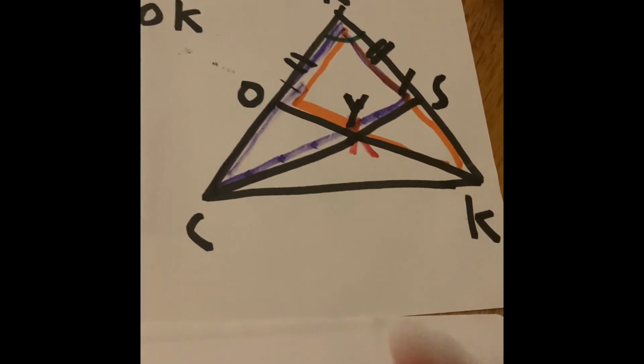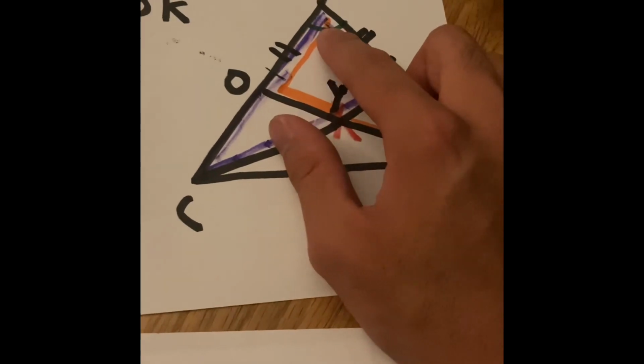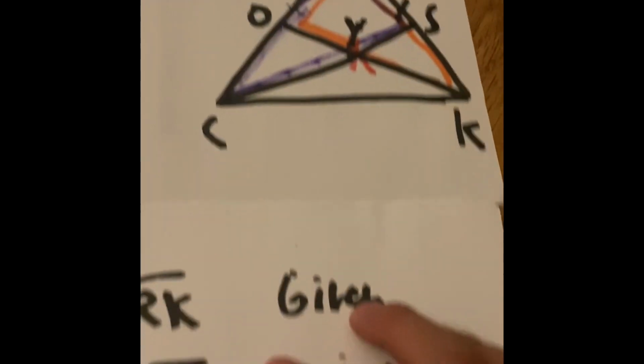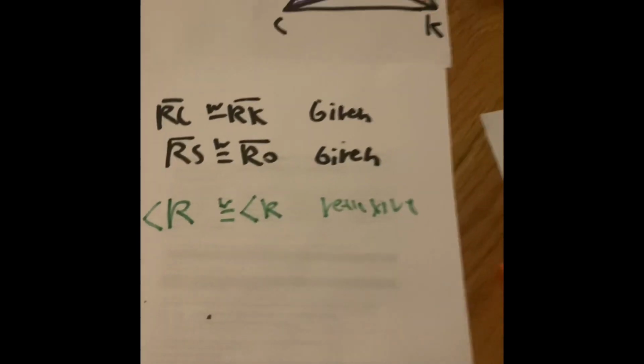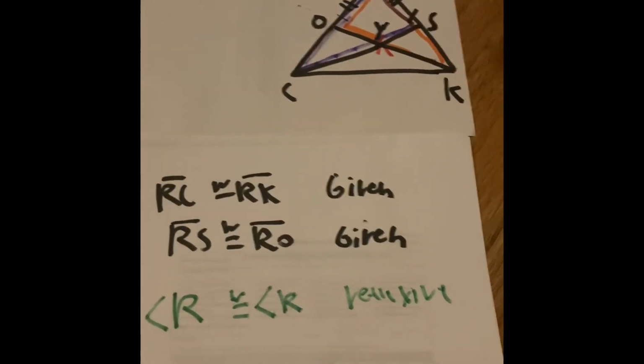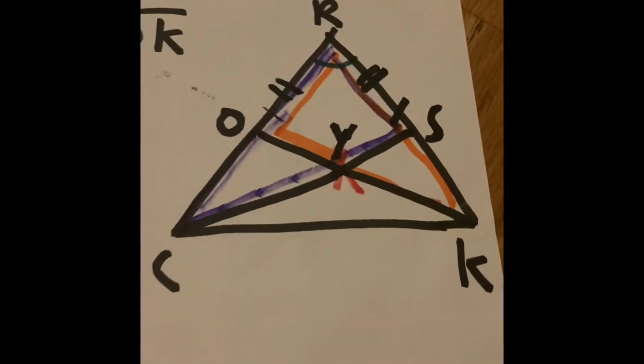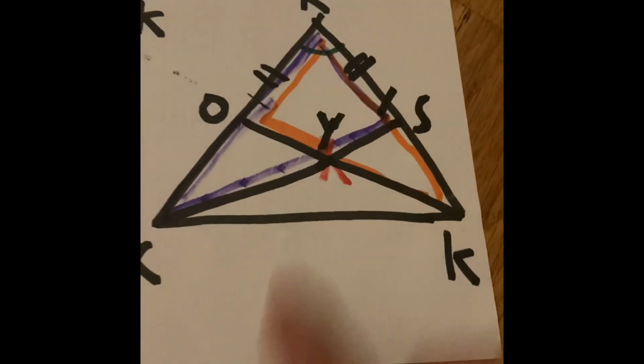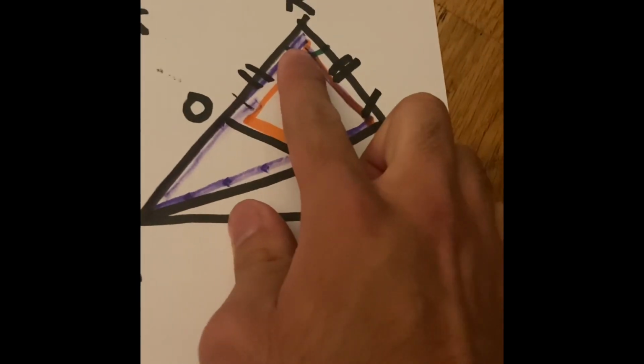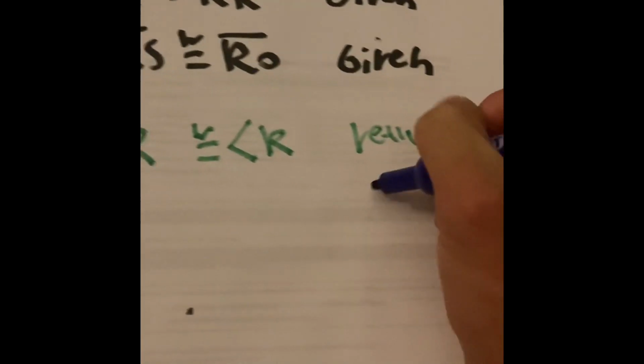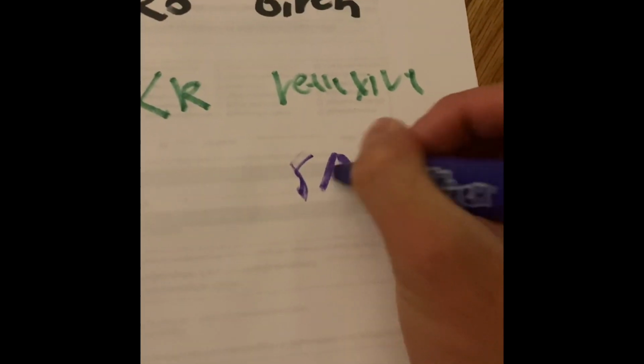So if we have two triangles that use the exact same angle, take a look at it. Both triangles have a segment, an angle, and a segment, which means we can say it is SAS.